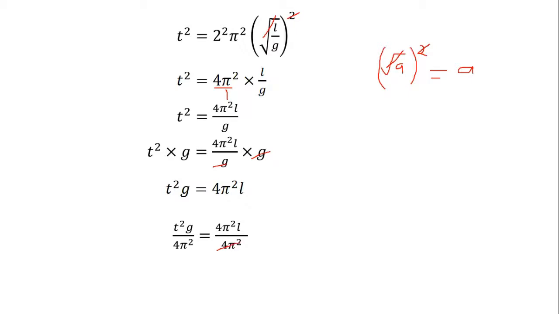So 4 pi squared here will cancel 4 pi squared here, giving us L. So L is equal to T squared G over 4 pi squared. So we have been able to make L the subject of the equation. We have been able to achieve the first goal.